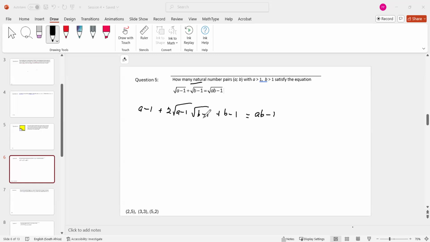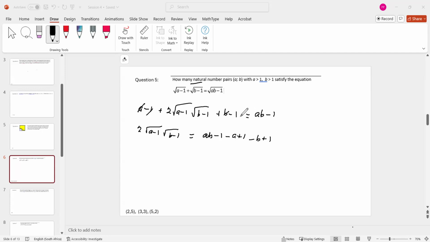Okay, so now you can bring all the square roots to one side. So you have the square root of 2A minus 1, and you bring all the other numbers to the other side. AB minus 1 minus A plus 1. That takes care of that. And here you have minus B plus 1.